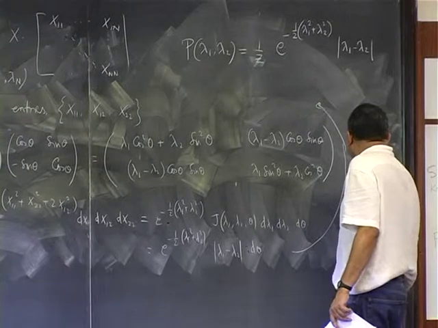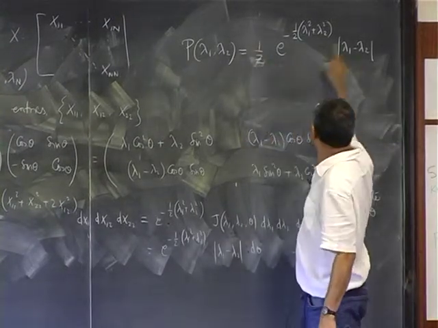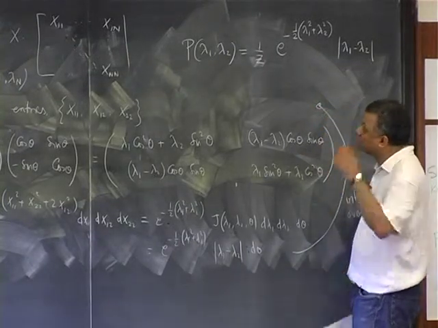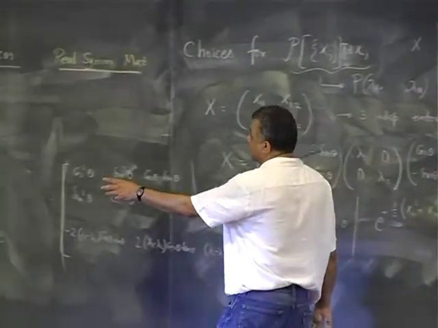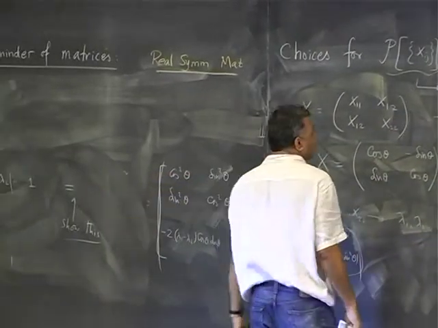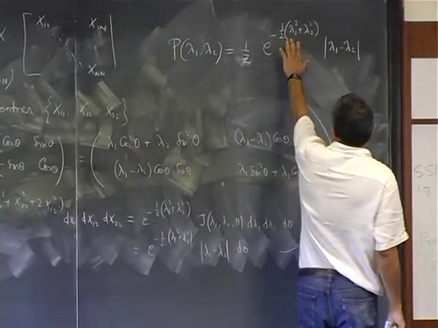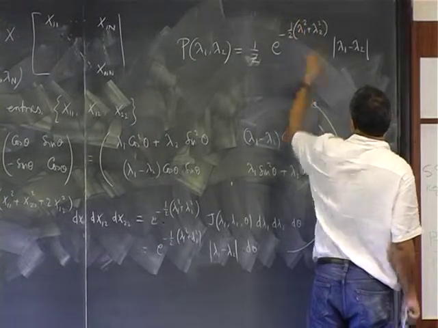That will give you a 2 pi, which you can absorb in the normalization factor, and so basically this is the answer. And this will be true not just for the Gaussian case, but if I take any arbitrary potential function, v of trace of lambda, this factor will be just v of the summation of v of lambda i.